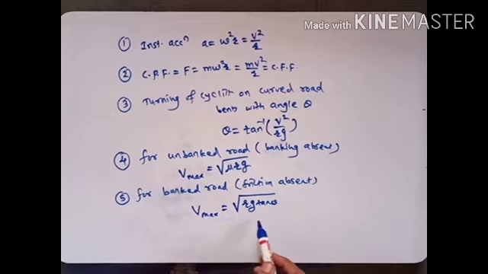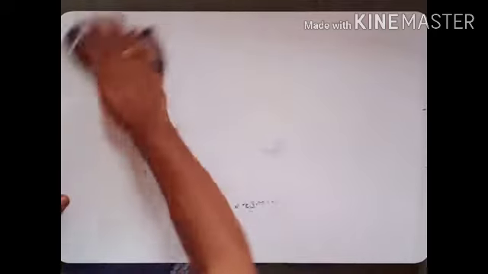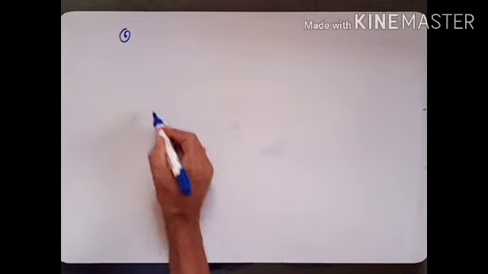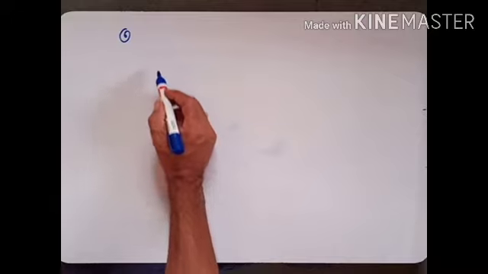Vmax is equal to root rg tan theta. These are the 5 formulas. We see one by one. Now sixth point, we consider here motion in a vertical circle.